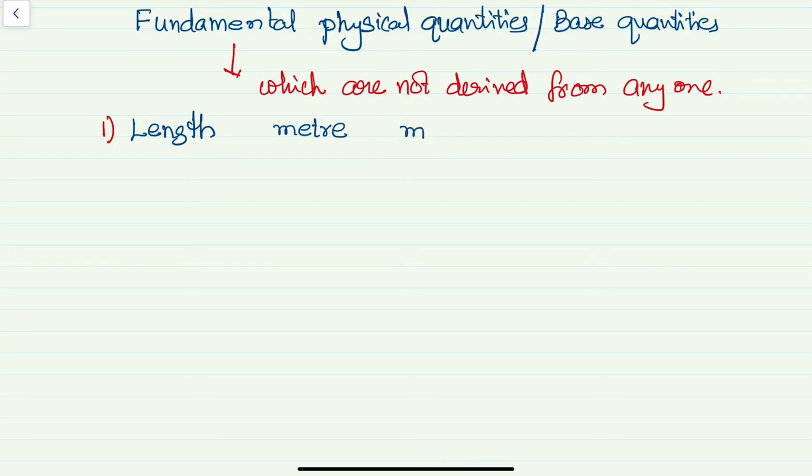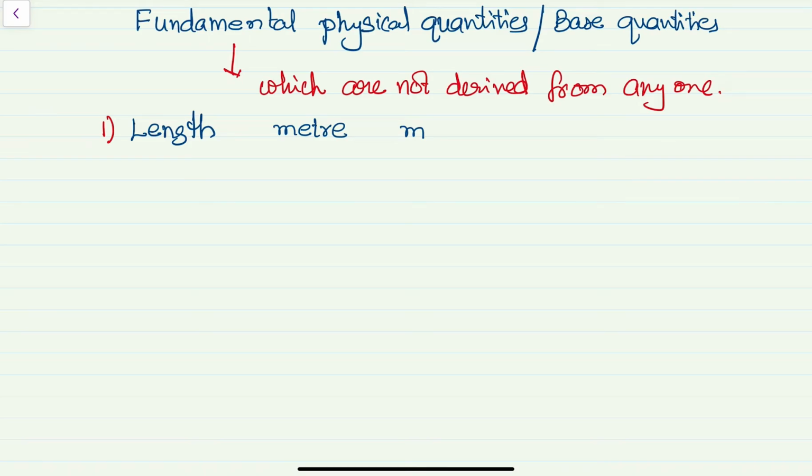How to define a meter? If you go to Hyderabad, Mumbai, London, USA, everywhere, the meter is the same; it is universally accepted. That is why an international system conference was held in 1971, for international usage in scientific, technical, industrial and commercial work. So it is an accepted unit.